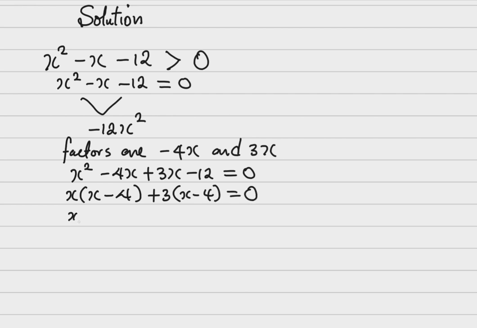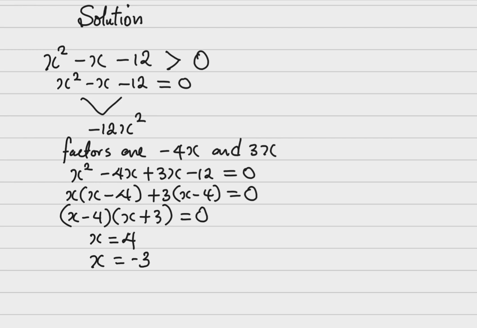So I have x minus 4 into x plus 3 equals 0. So x equals 4 from x minus 4, and the second one, x equals minus 3.